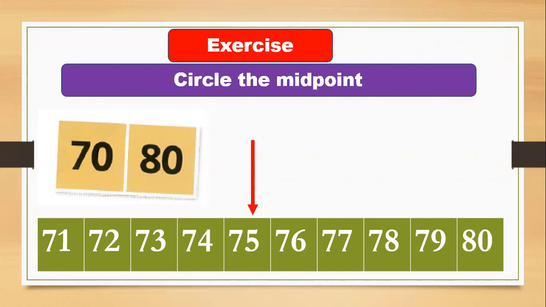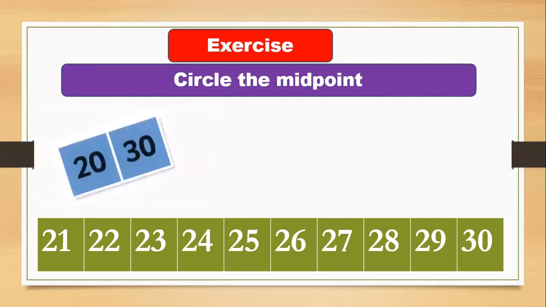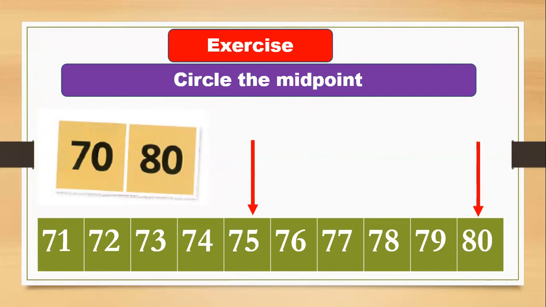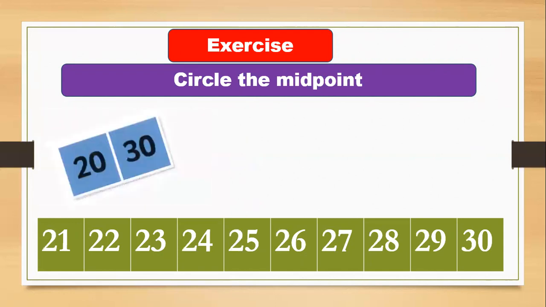Now let's talk about between the numbers. This is the number 20 and this is the number 30. You have to find the middle number between 20 and 30. Yes, this is the middle number, the midpoint, and this will be the decade number.